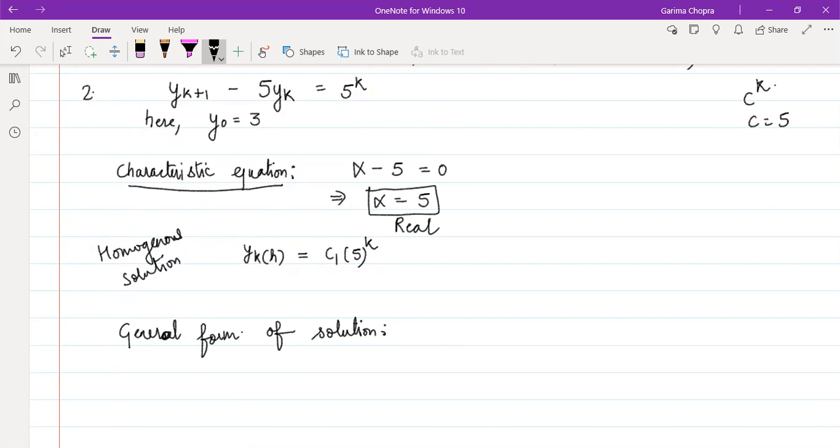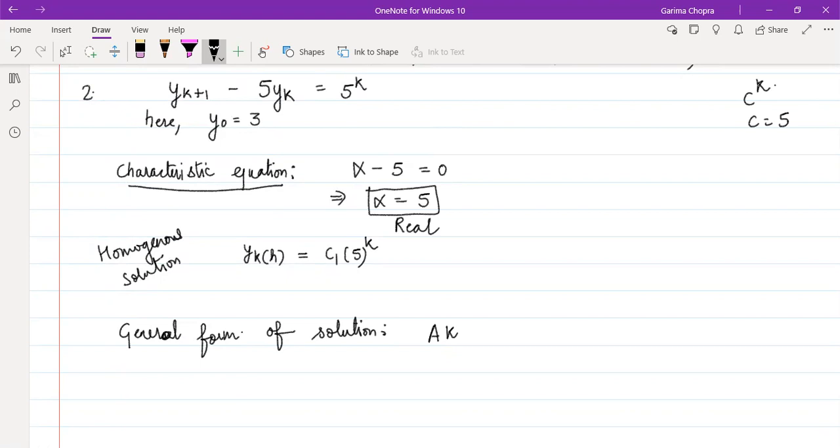So the general form of the solution will be some constant a, and sorry, it will not be r, since the subscript used in this problem is k. So we will have k here, and this k will come with power 1, because the multiplicity of this root 5 is 1.